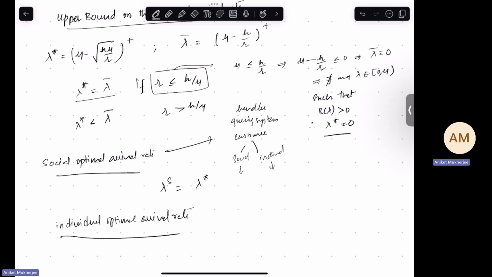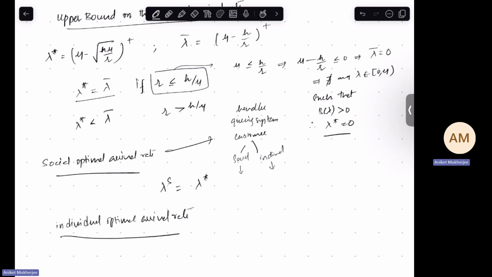In the individual optimal arrival rate, each individual customer takes the decision whether to join the queue or not.